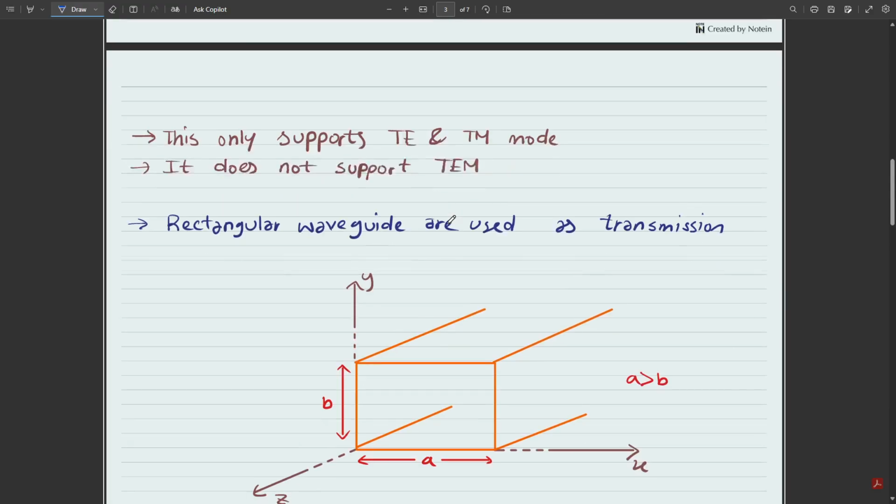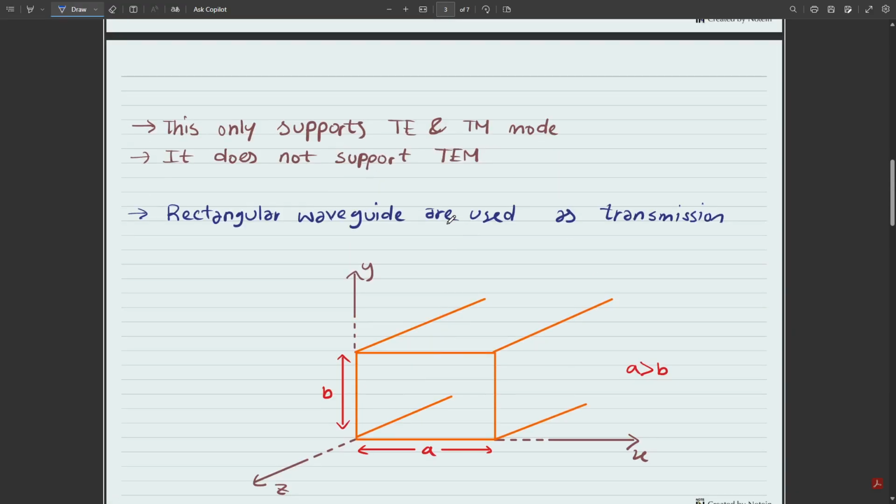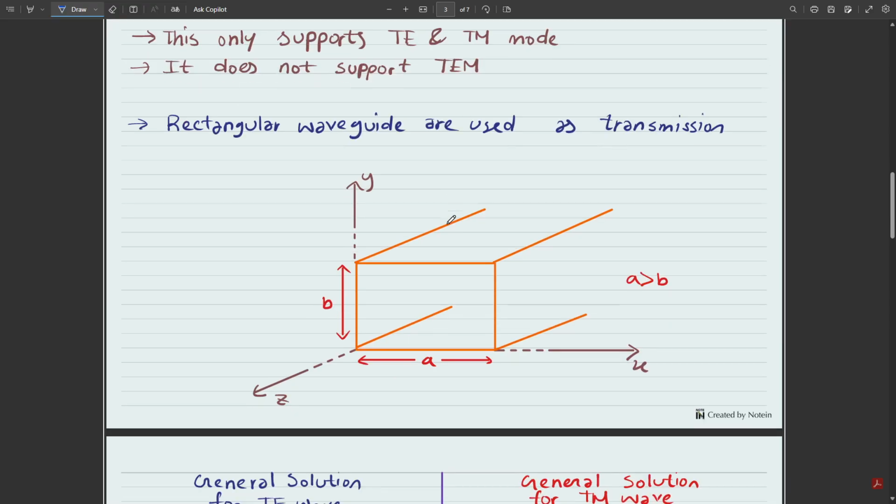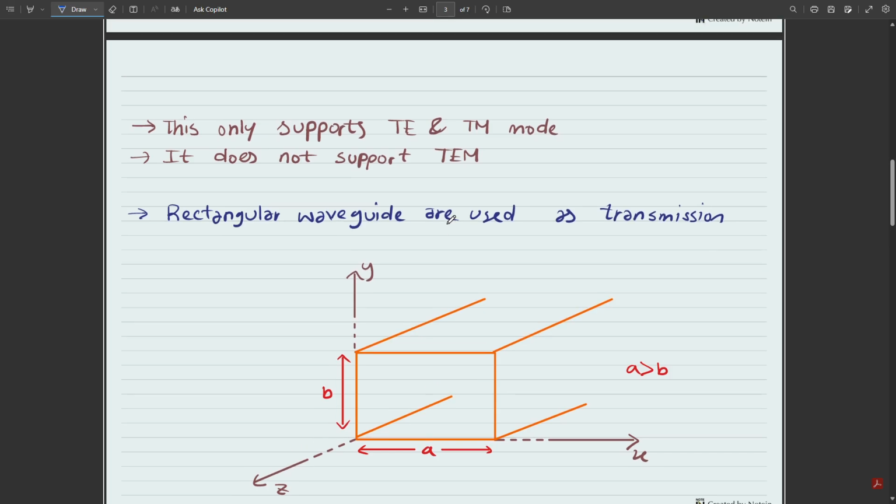Here are some properties of the rectangular waveguide: it only supports TE mode and TM mode. It does not support TEM mode. Why does it not support TEM mode? Because when the wave enters the rectangular waveguide, it will be reflecting in all of the plates, and it cannot exist in TEM mode.